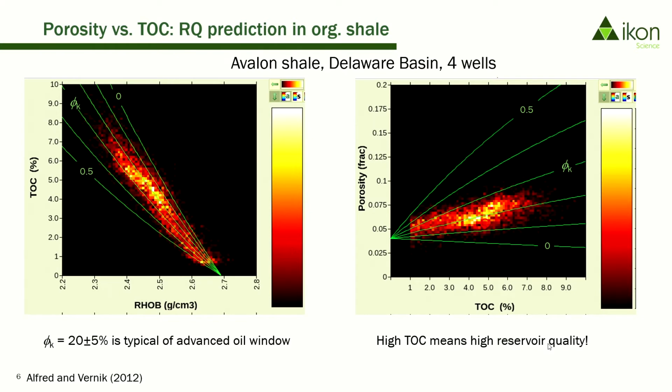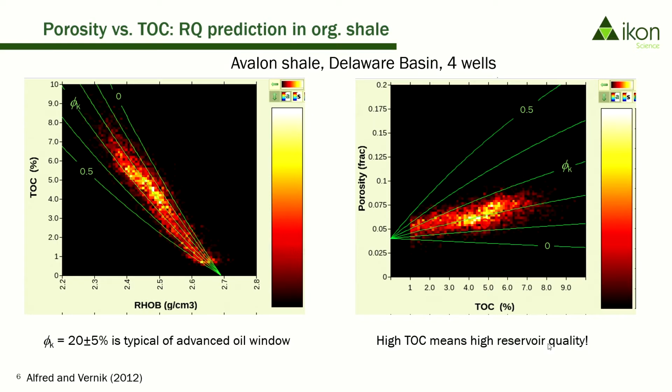If you go to premature kerogens, you barely find any kerogen saturated porosity in them, so it's pretty much zero. Then you go through 10, 20, 30, up to 40% kerogen porosity, and that's mature reservoirs.